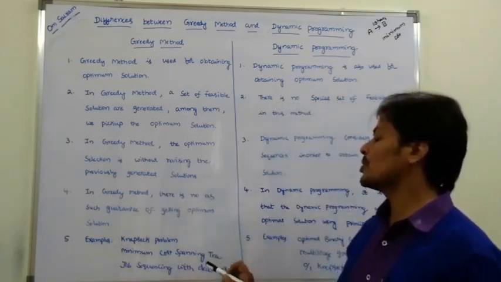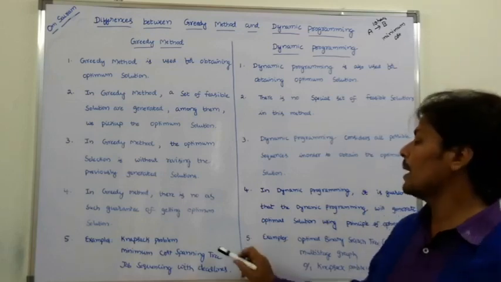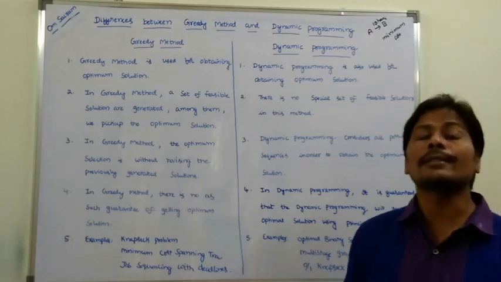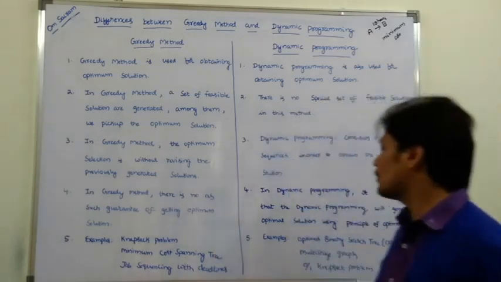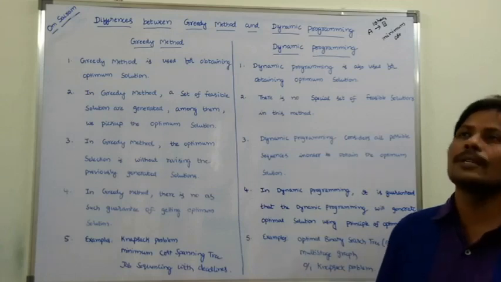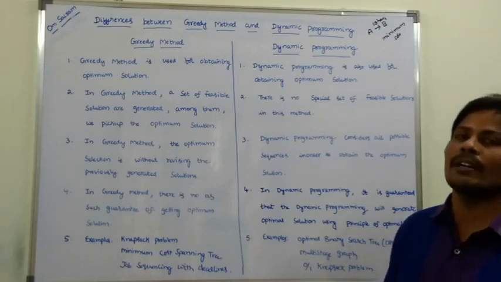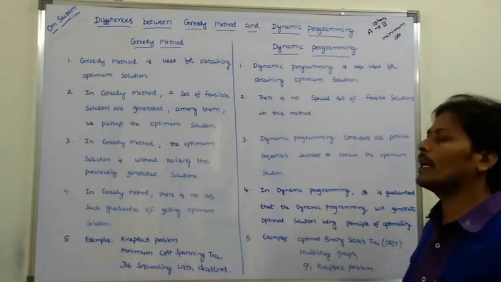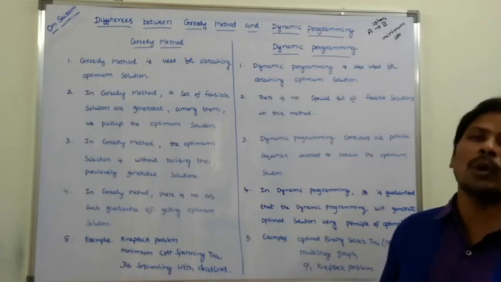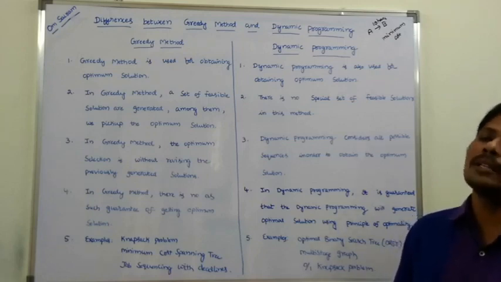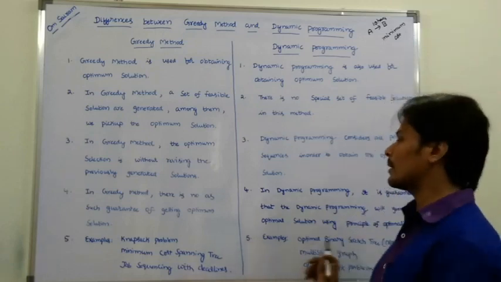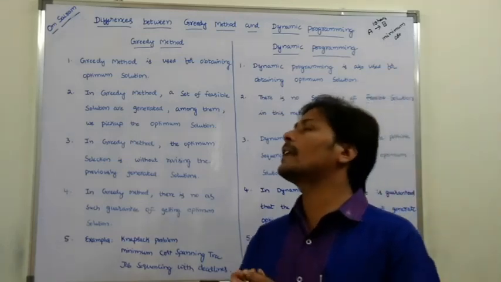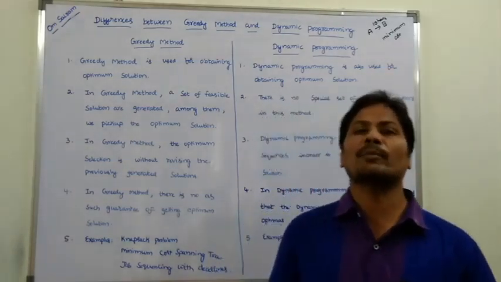Knapsack problem, job sequencing with deadlines, minimum cost spanning tree, optimal storage on tapes, optimal merge pattern, single source shortest path problem. What are the examples of dynamic programming? Multi-stage graph, optimal storage on tape, optimal binary search tree, that is OBST, 0/1 knapsack problem, traveling salesperson problem, all pairs shortest path problem, single source shortest path problem. These are the examples of dynamic programming. These are the differences between the greedy method and dynamic programming.